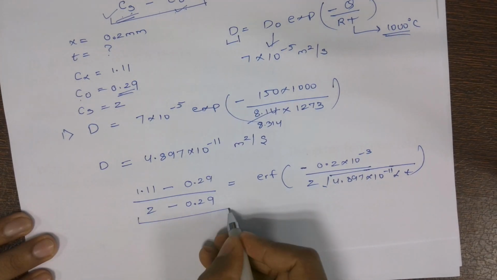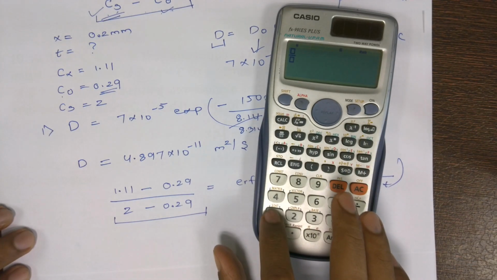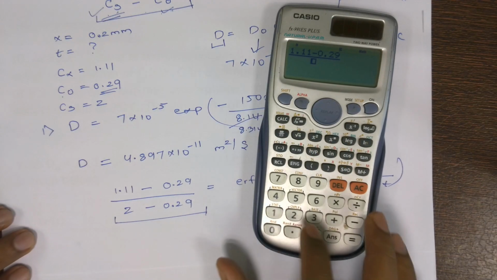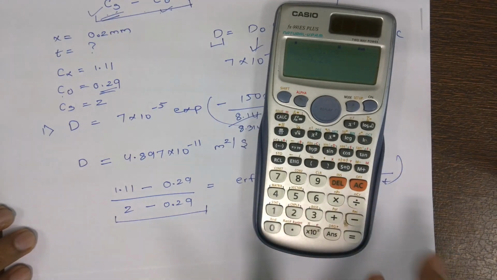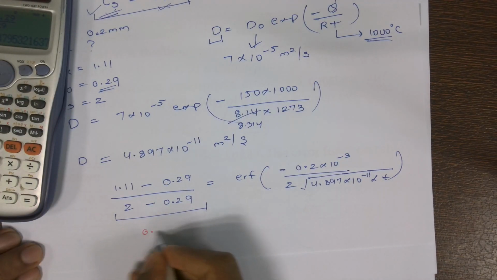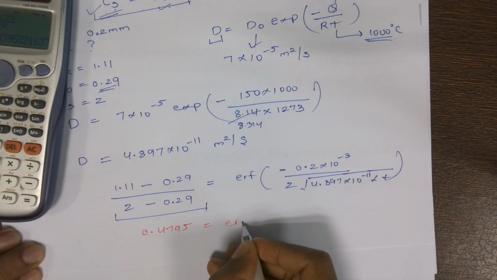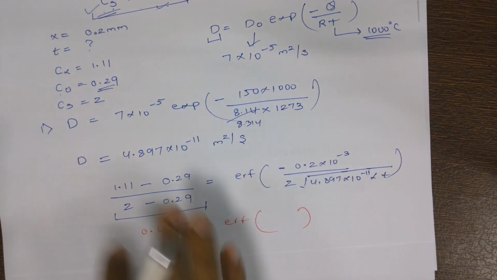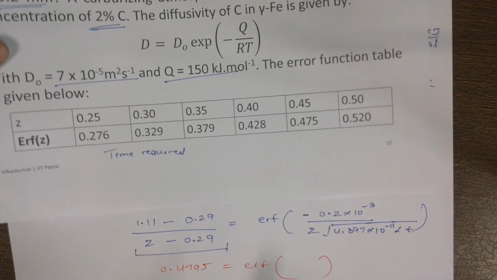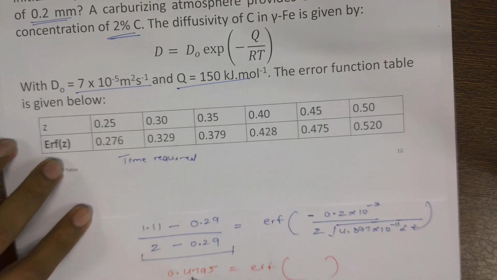Now let's try to find this. It is equal to 0.4795, the error function of something. So now let's see what this error function value is. This is Z, and error function of Z is 0.4795, that is what we have got.